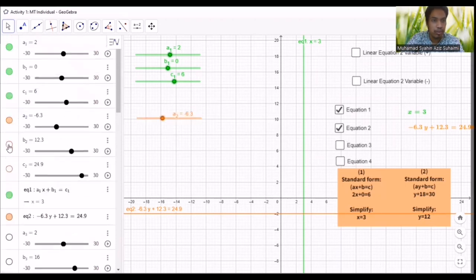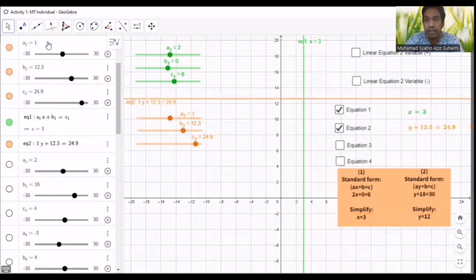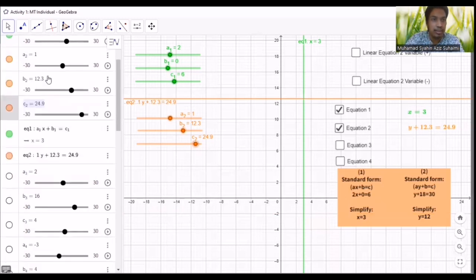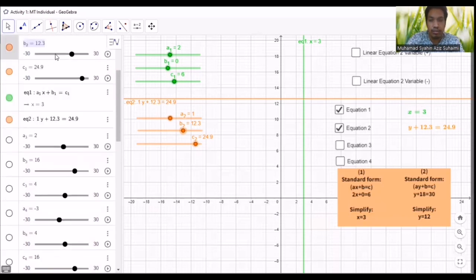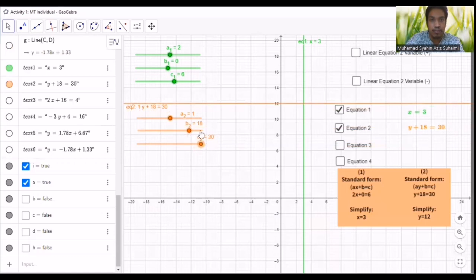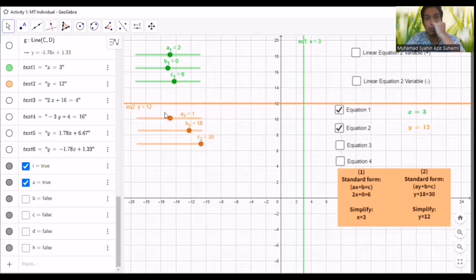Here a is 1, b is 18, and c is 30. The same as this one, y plus 18 equal to 30, and y equal to 12, the same, right?